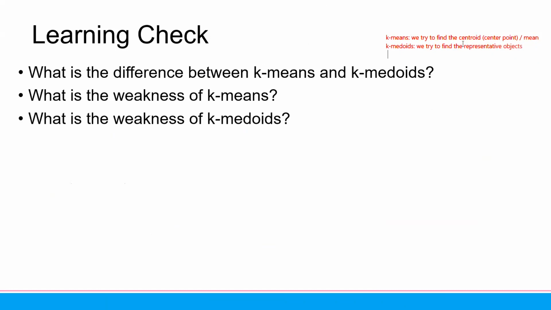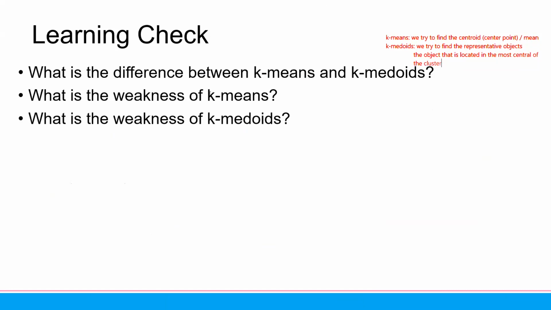It is the object that is located in the most central of the clusters. The object located in the most central of the clusters is the representative object. Okay, that's the difference between K-means and K-Medoids.